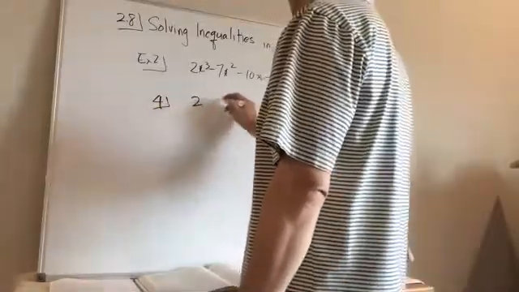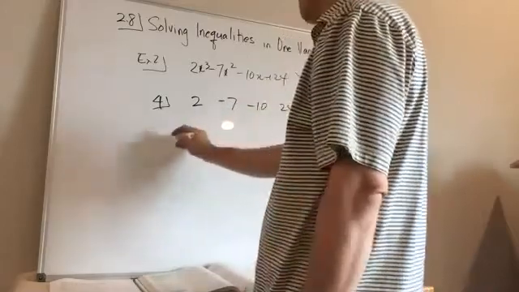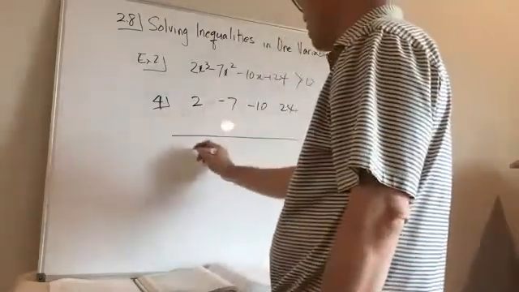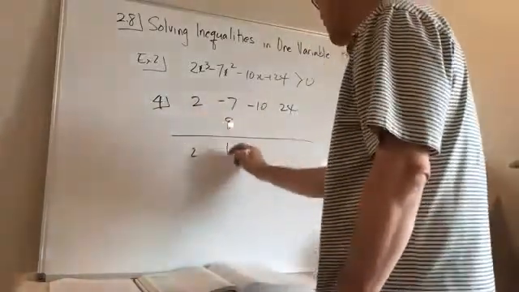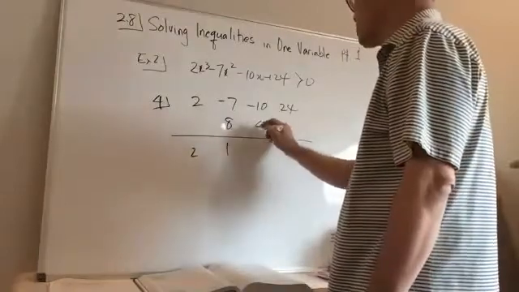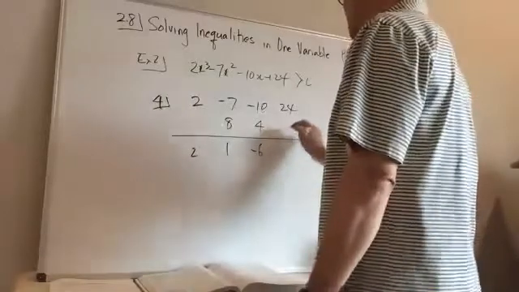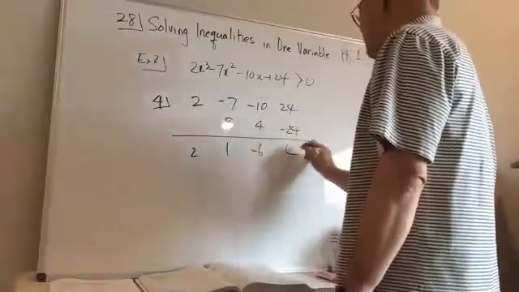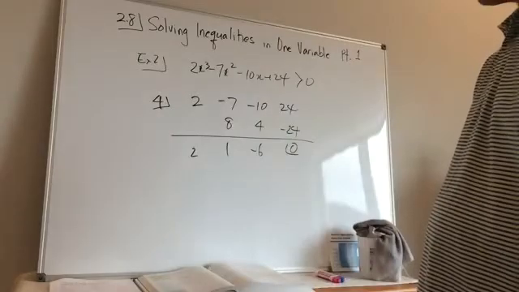We have 2, -7, -10, 24. The 2 comes down, 4 times 2 is 8. Add together, I get 1. 4 times 1 is 4. Add together, I get -6. 4 times -6 is -24. And yes, indeed, we do have a winner.